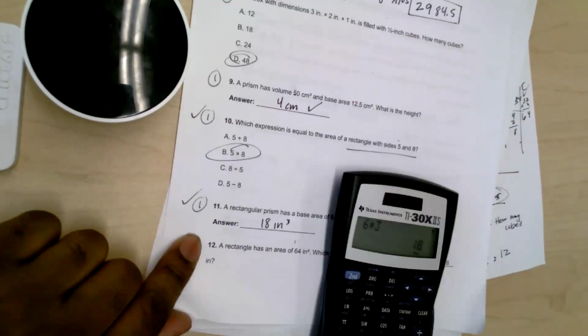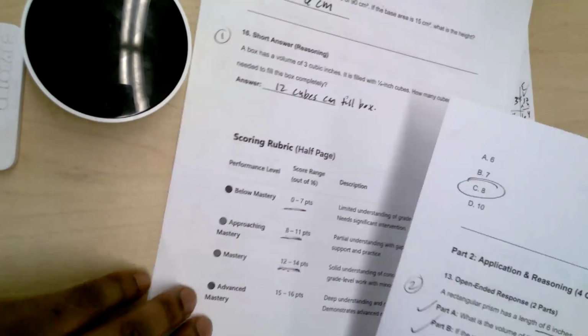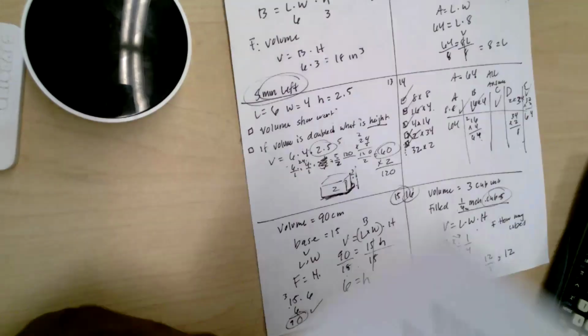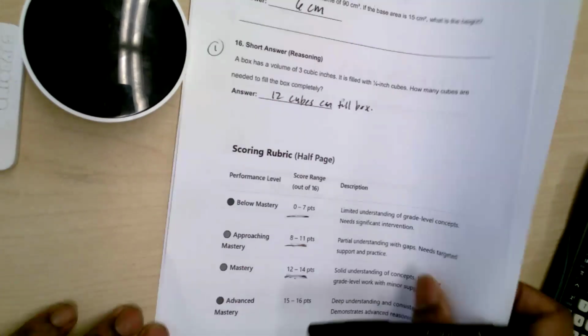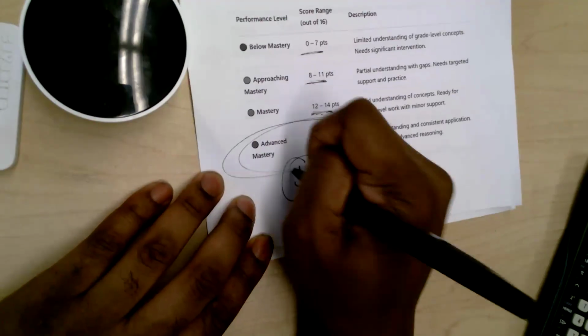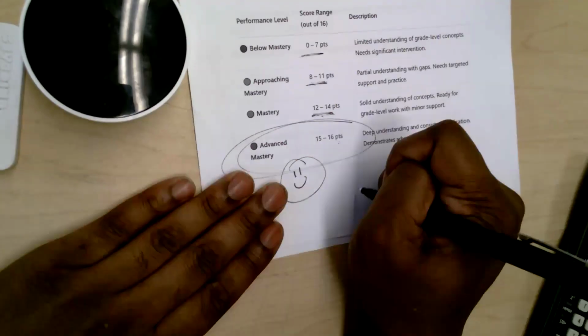Oh, 64 divided by 8. 8 times 8 is 64. Got that right. That's right, and that's right. So this is on me, right? Yes, I'm sad I didn't get a perfect score, but I got everything else right. So I got advanced mastery. I got 16 out of 17 points.